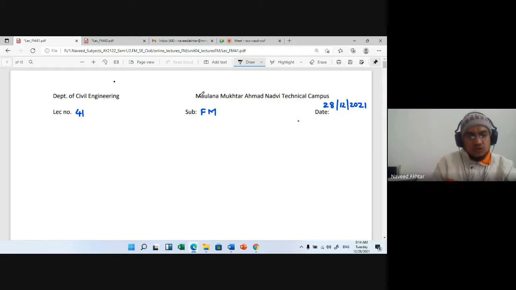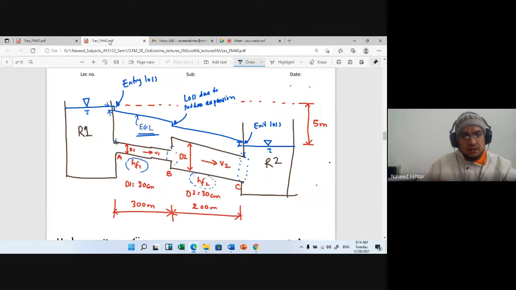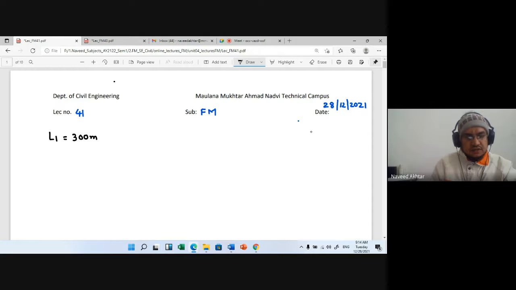So length L1 is given 300 meter, and then diameter D1 of pipe 1 is given 20 centimeter, or you can convert it into meter, 0.2 meter.